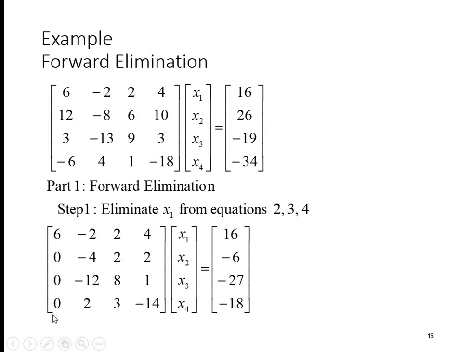So 6 minus 6 gives you 0, then minus 2 plus 4 gives you 2, 2 plus 1 gives you 3, 4 plus minus 18 gives you minus 14, and 16 minus 34 gives you minus 18. So that's the first part: you eliminate x1 from equations 2, 3, and 4. As you can see, we managed to eliminate x1 because there is a 0 in equations 2, 3, and 4.